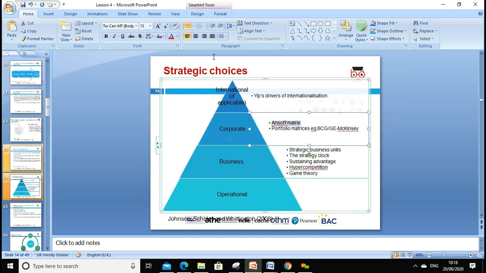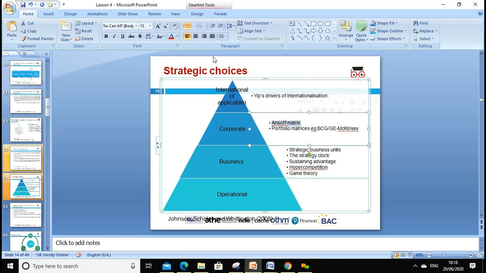Ansoff matrix. Do we know the Ansoff matrix? I think we discussed it: market penetration, existing product in existing market.